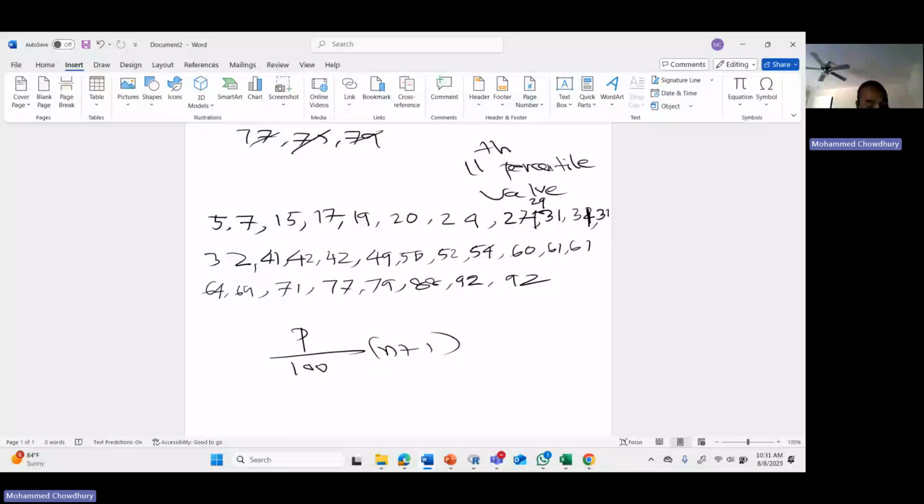So we have to consider the 3.52 position. So this is the third position, 15, plus 0.52, and then this is the formula that I want to mention.